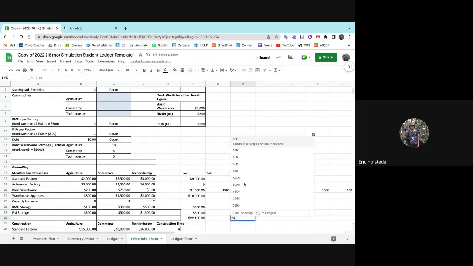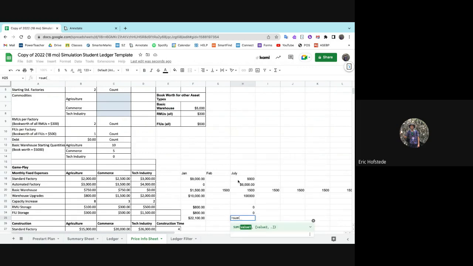And I would just take the sum of these numbers above it, and those are my new fixed expenses for July. Seems low. 15,000, 9,000. I guess it is that low. No. Let's see what numbers I'm adding together.